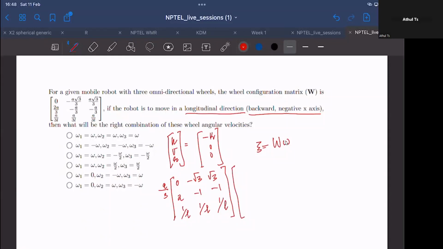And if we multiply this out, it's obvious that the first row is 0, but that is not the case we want. We want the first row to be a constant, non-zero.